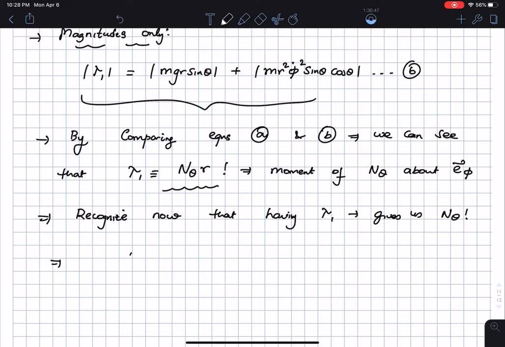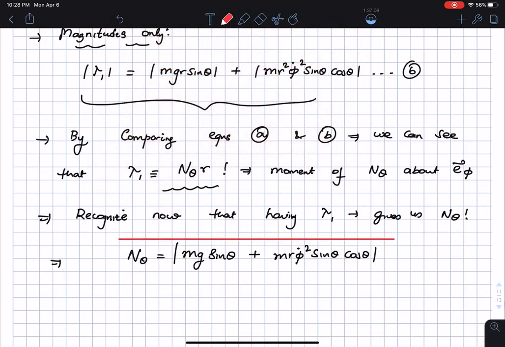Okay, which means that n theta is just going to be mg sine theta, if I just look at the magnitude, plus mr phi dot square sine theta cos theta, where I have gotten rid of one of the r values, and so I'll just put a box around this.